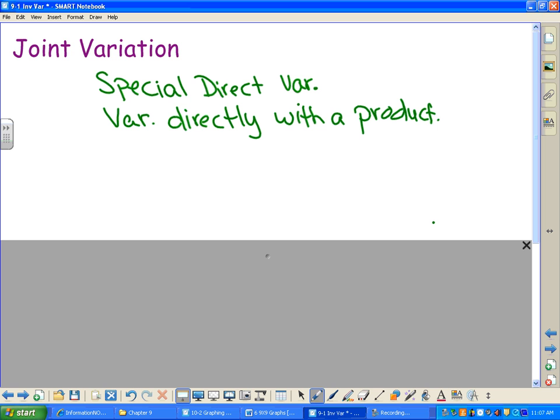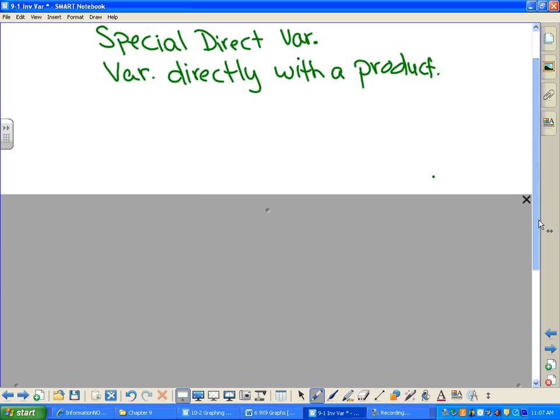All it means when you have a joint variation is that in the denominator, you're going to have 2 things instead of just 1. Okay? So, let me show you what I mean by that.